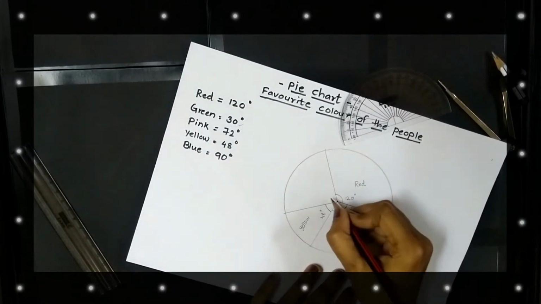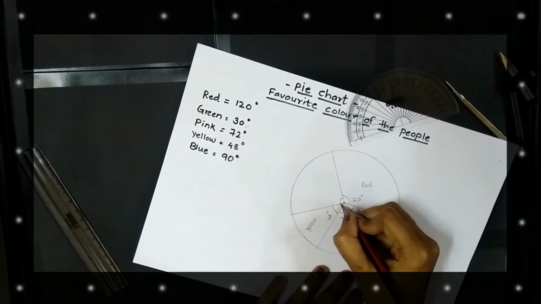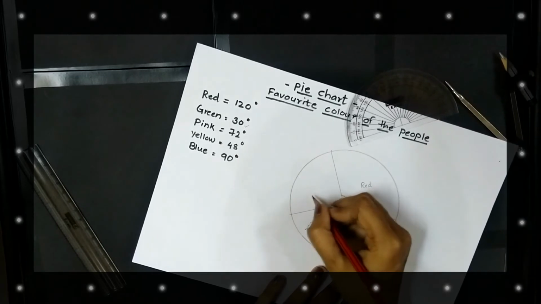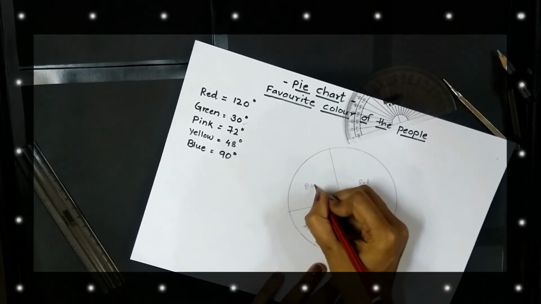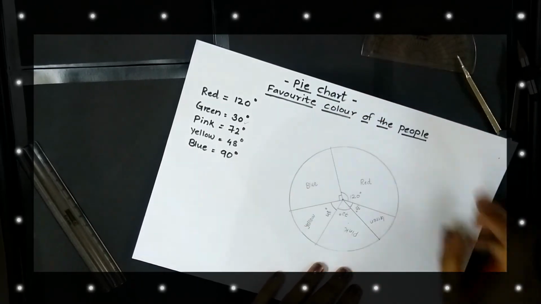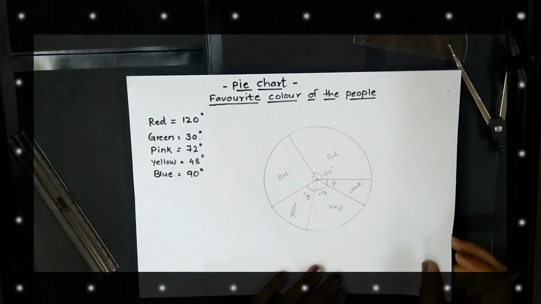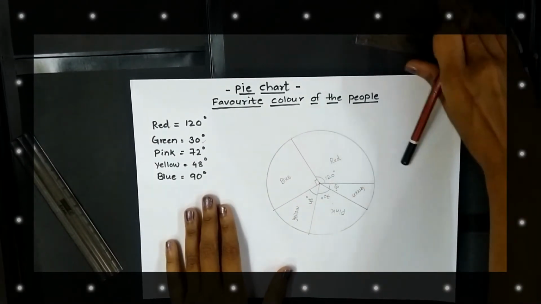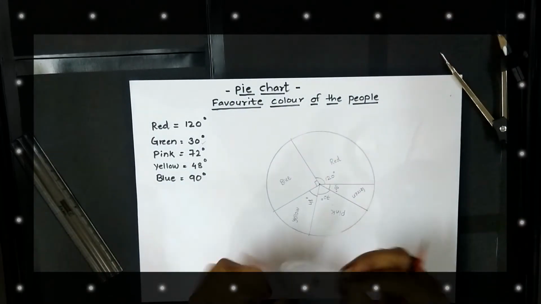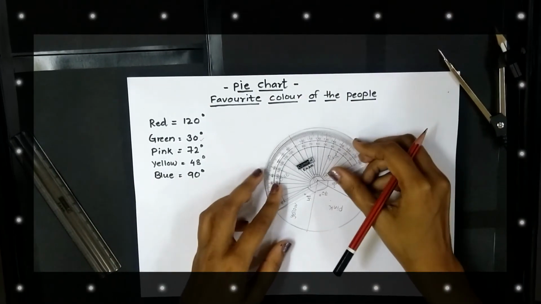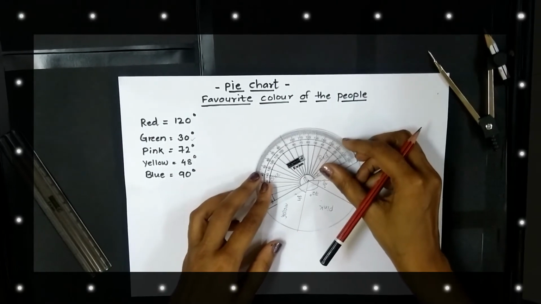And after that, the remaining angle which is left is obviously 90 degrees, which is for people who have blue as their favorite color, represented by 90 degrees as an angle. If you want, you can measure this using a protractor also, to check whether this angle is perfectly 90 degrees or not.